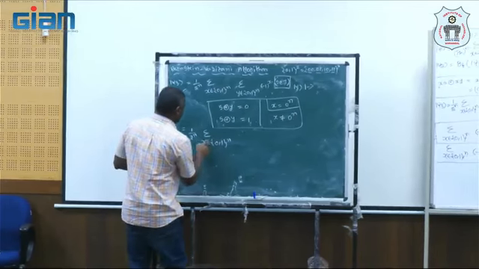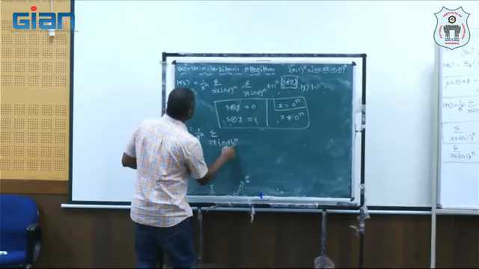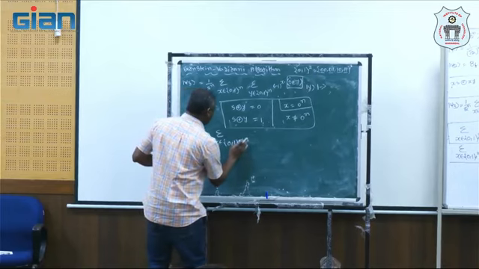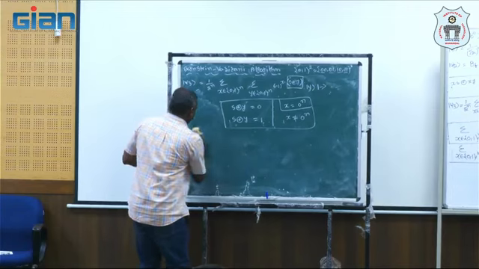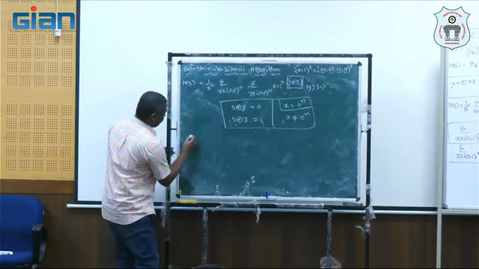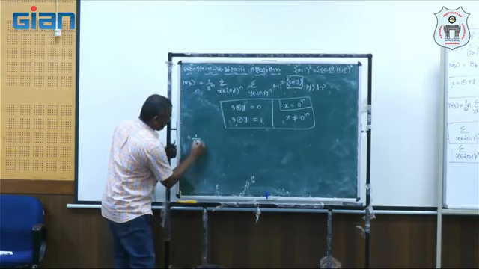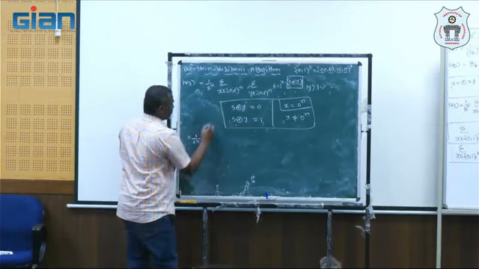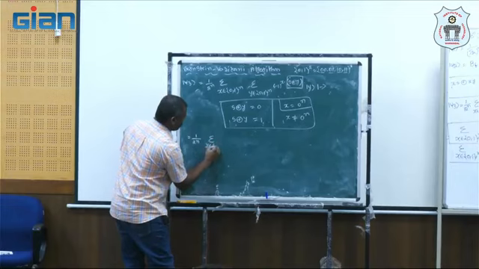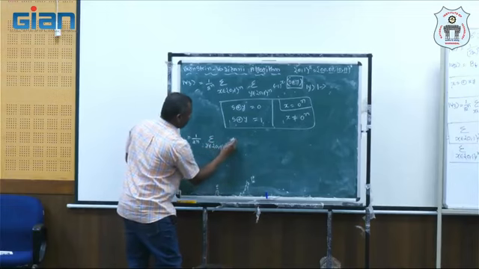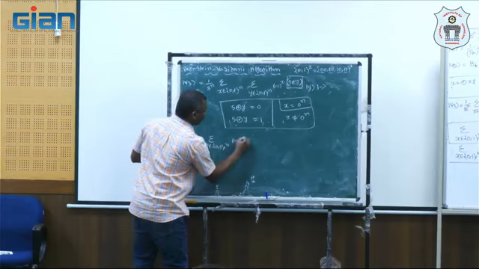So let me separate this. 1 by 2 power n, x belongs to {0,1}^n. We can write 1 by 2 power n into sigma y belongs to {0,1}^n, (-1)^(0^n·(s+y)).